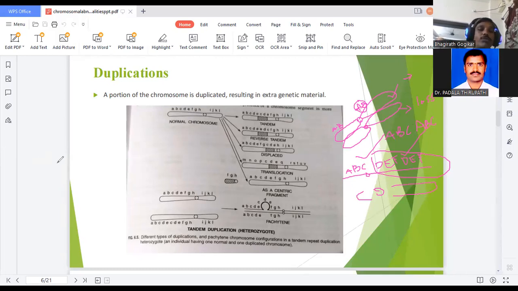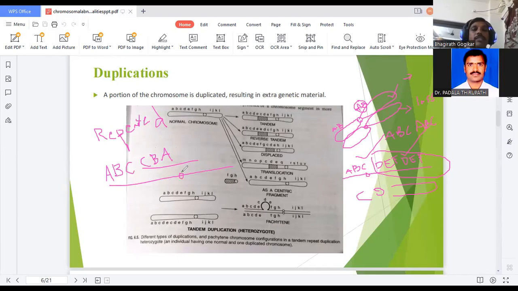Reverse tandem means what? If ABC genes are there, the additional block of genes is called a repeat. These repeated genes are arranged in reverse order, meaning C, B, A. This is called reverse tandem duplication.